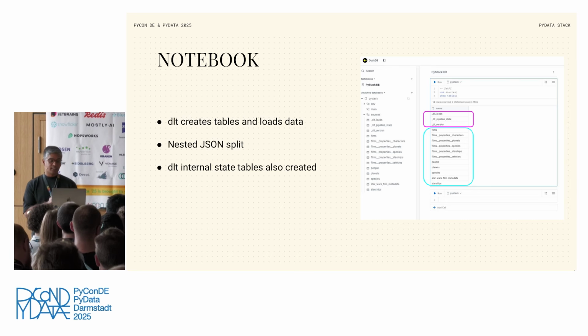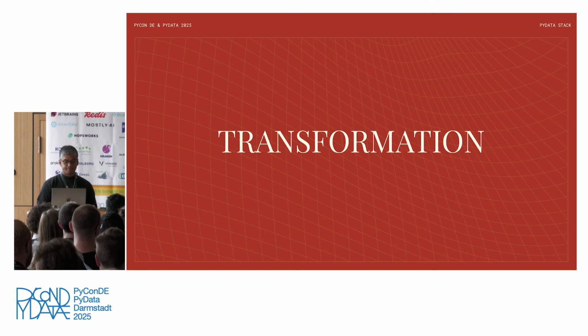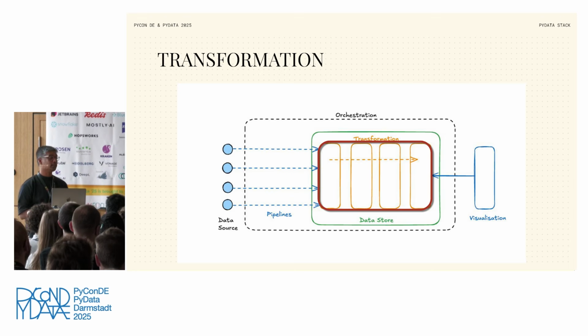And here I've just highlighted the tables that dlt has created. It has not only created the source tables from the API, so you can see the films, people, planets, species, but it's also created the metadata and state tables automatically. Yeah, that's it.